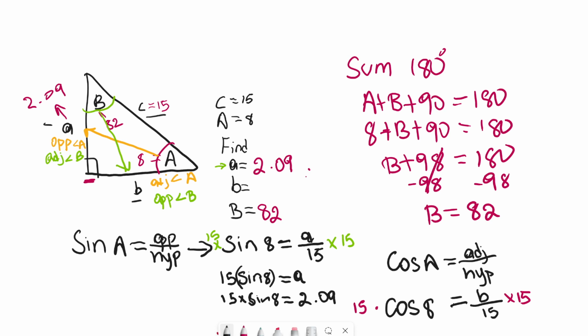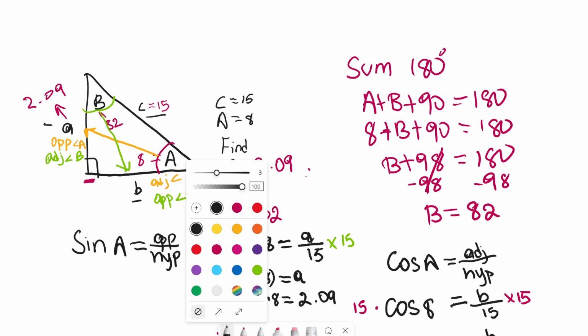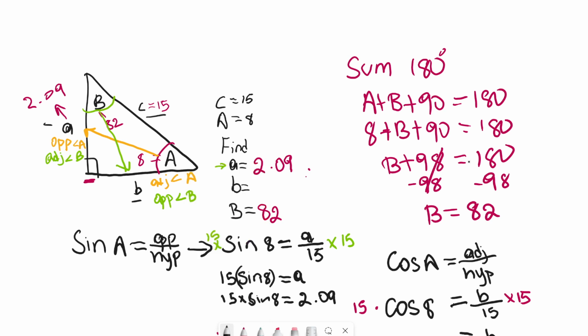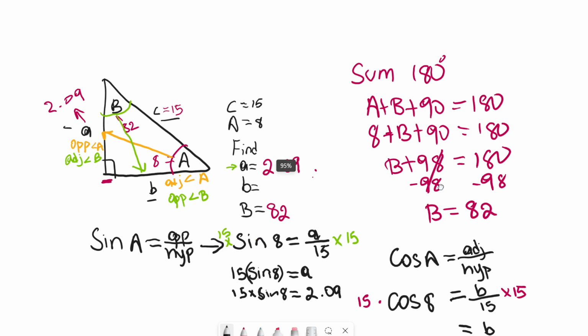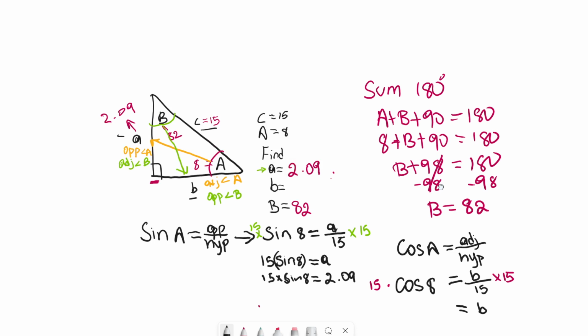Because 15, so we'll have B is equal to, oh, let me go down a little bit. There we go. So B is going to be equal to 14.85. So I'll plug that in here. 14.85.